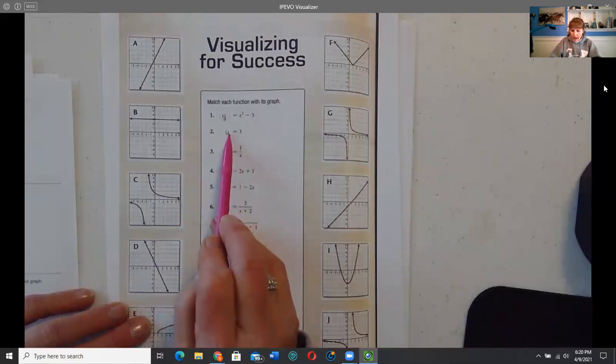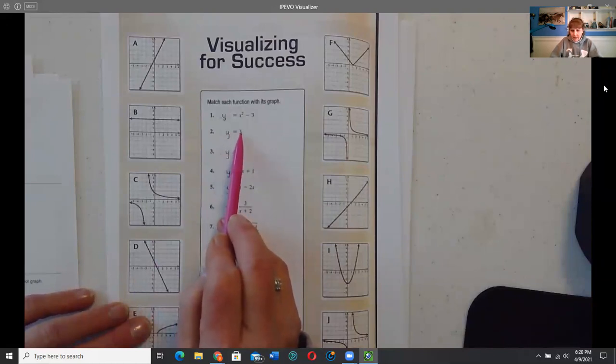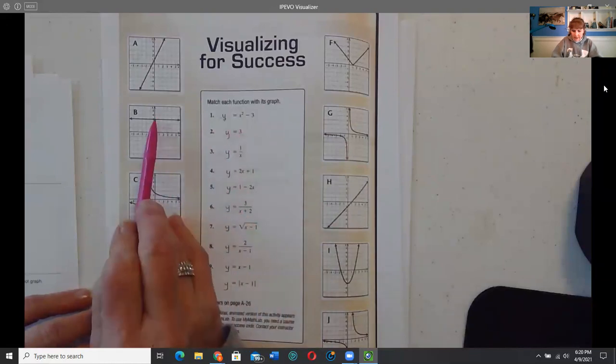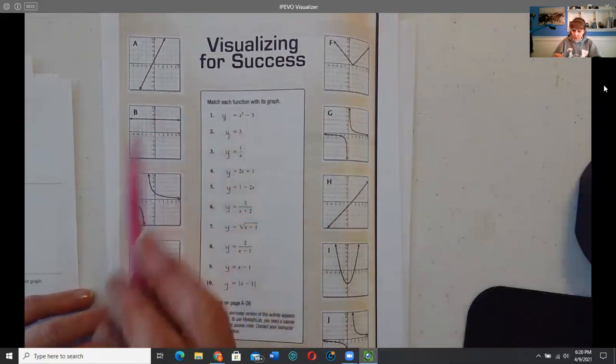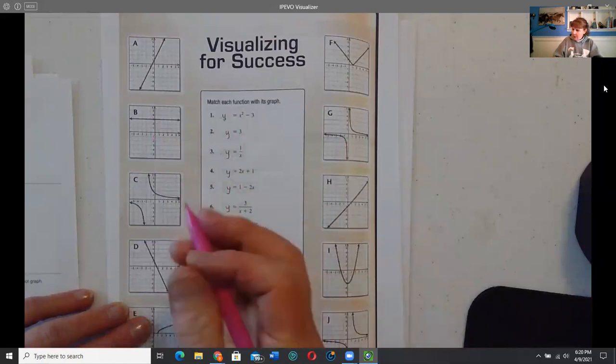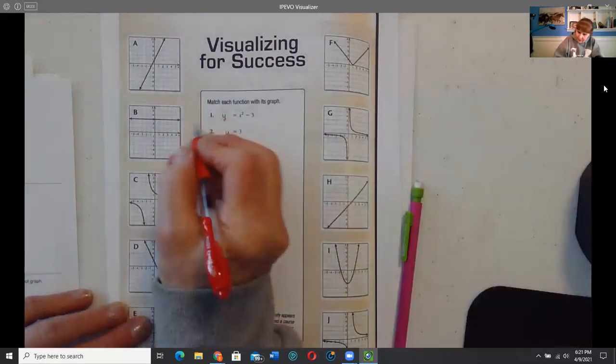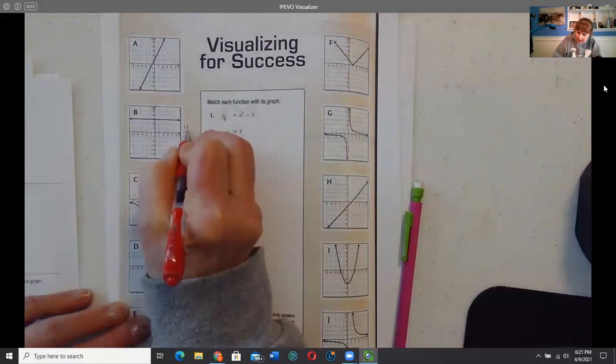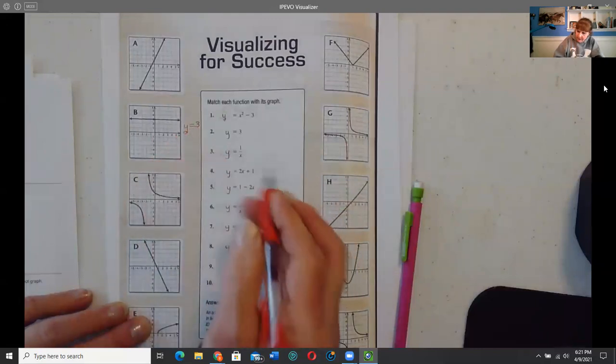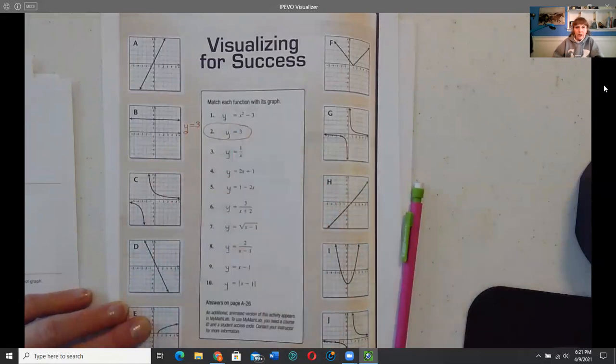It's going to hit the y-axis at 3. The slope of this line is 0. The equation for this one is y equals 3. So there's one of our linear equations, y equals 3, a horizontal line.